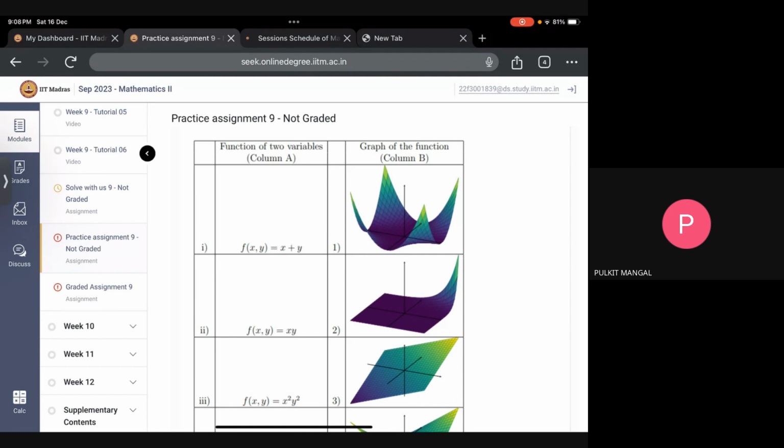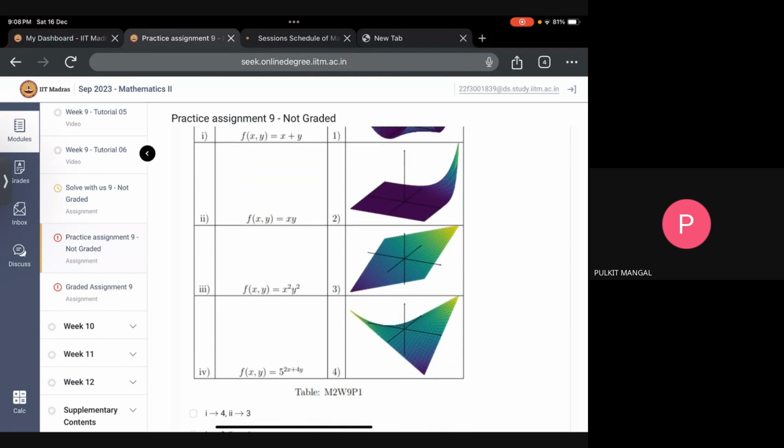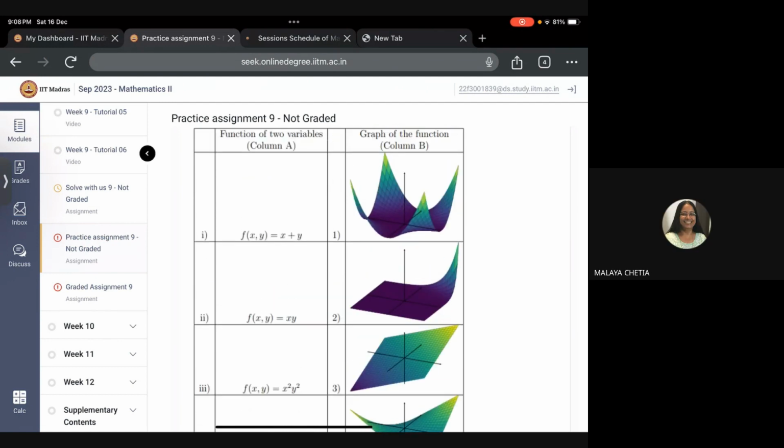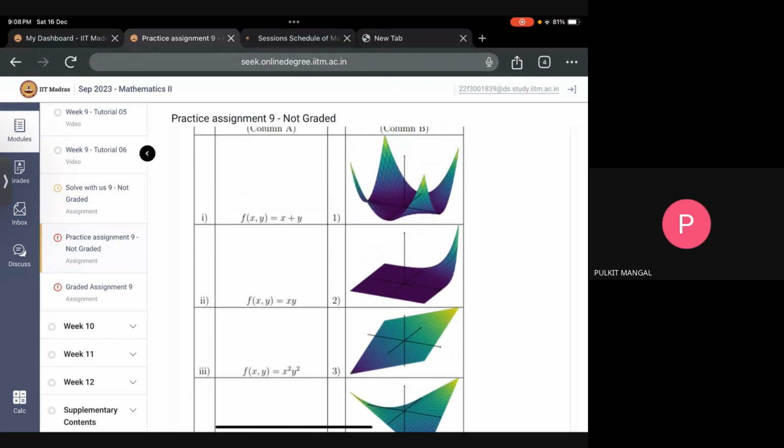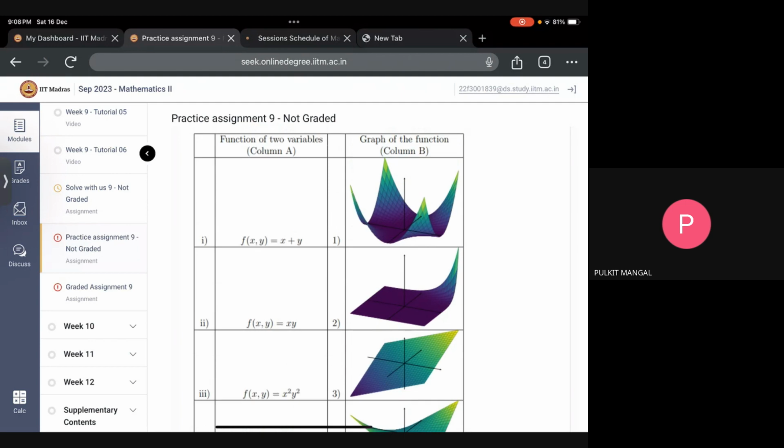If you put f of 0 comma 0, what would be the value? In the fourth function, with both 0, the value will be 1. It cannot go below one. So from that you can identify this. The second function is basically the behavior of the exponential function.